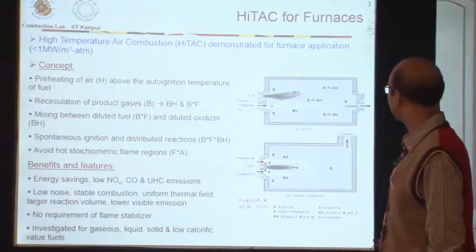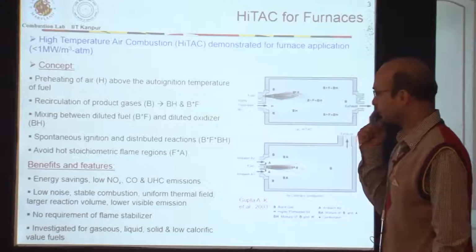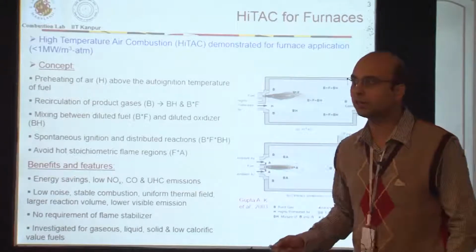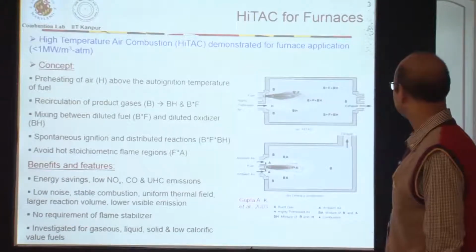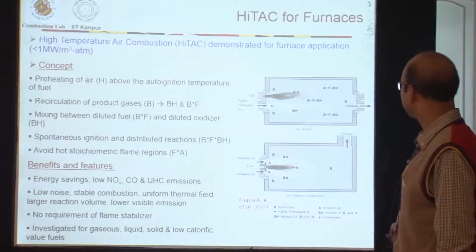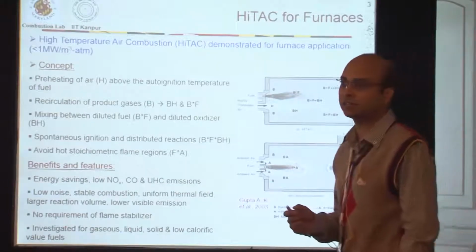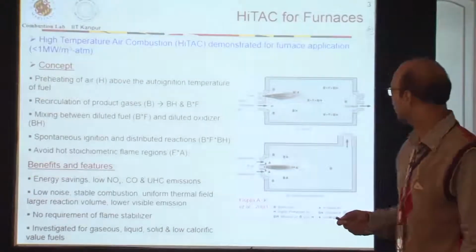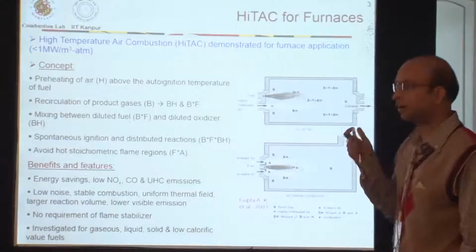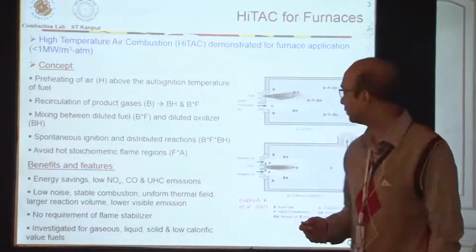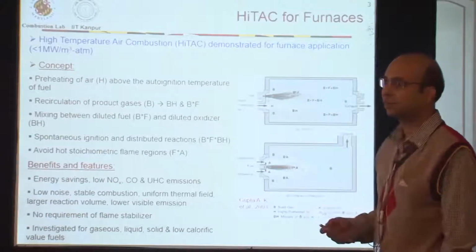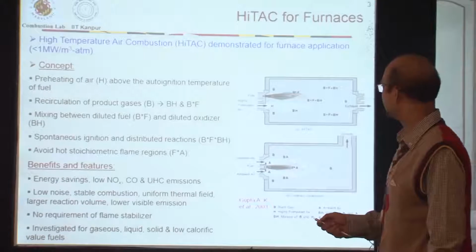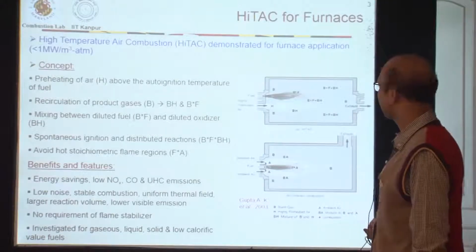But in high temperature air combustion, you extract some of the heat from the exhaust and preheat the air, and in one of the early definitions, you want to preheat the air above the auto ignition temperature of the fuel. So technically you don't need to ignite the fuel. It is automatically above the auto ignition temperature. And you separate fuel and air streams.